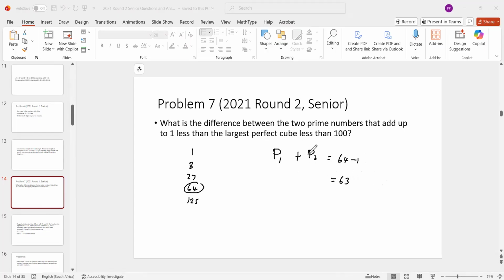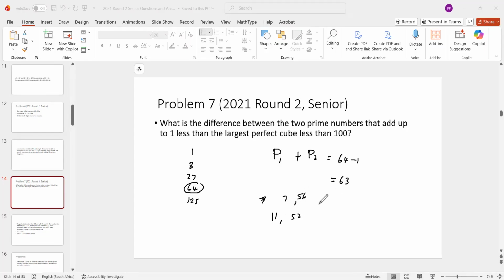Now, you think, well, there are lots of prime numbers. You've got 7, but 7 doesn't work. If you try 7 and 56, this is not a prime. 11 and 52, this is not a prime.